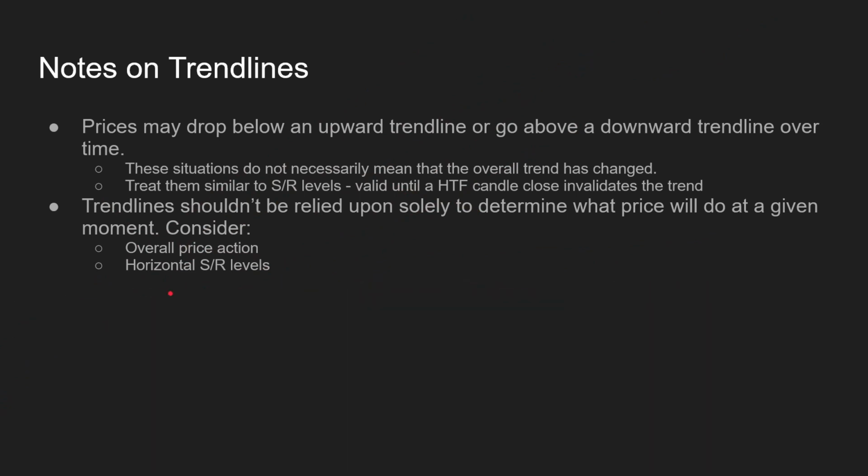They are two different things and they represent two different things. One represents supply and demand zones, buying zones, and selling zones and resistance, whereas trend lines, I find, are less about the actual line themselves and more about suggesting the overall direction of the market.